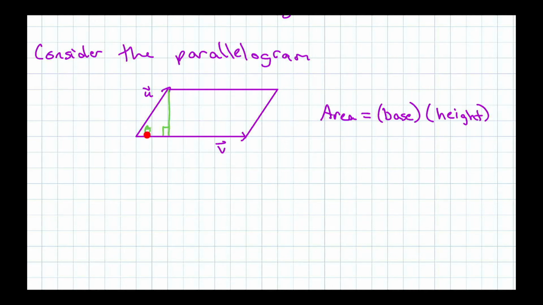If you put this angle theta here, then it turns out that this side of this little triangle would be computed as magnitude v times sine theta.